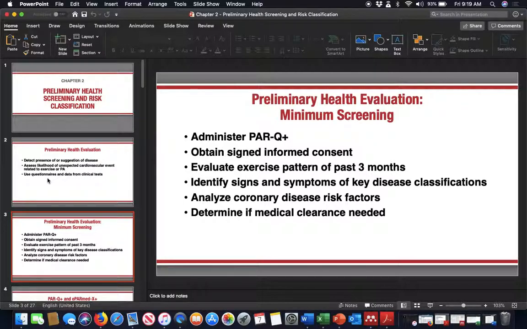Also, if you're going to be doing any evals, even before exercise takes place, you need to get them to sign off on an informed consent. Just remember that an informed consent is basically you laying out everything for someone. You can't have any hidden agenda inside of it.